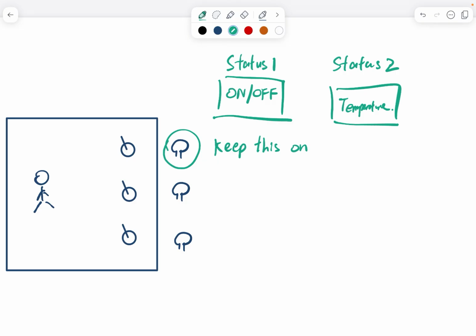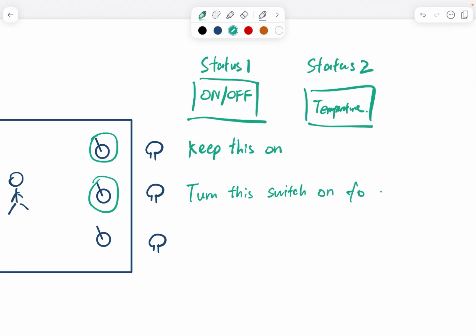And then for the second control, I shouldn't circle the light bulb, but the control. So you keep this control on all the time. And then you try to turn this switch on for 30 minutes.